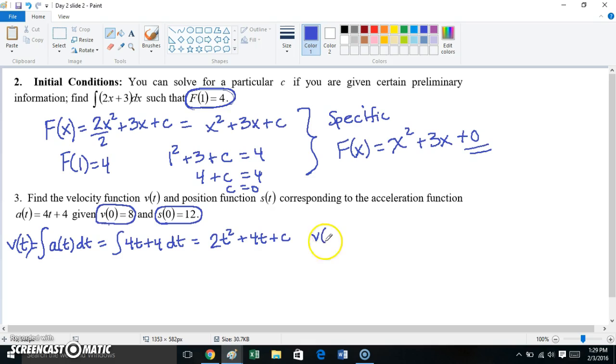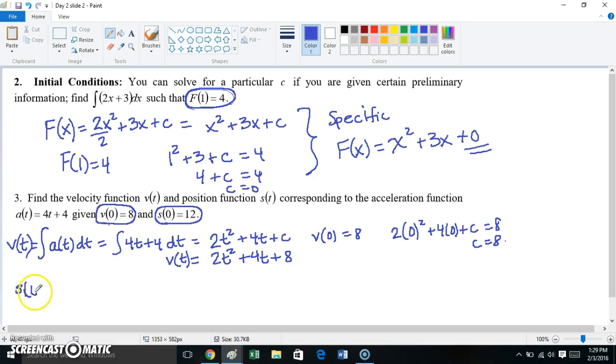Using the initial condition that v of 0 is 8, we can see that 2 times 0 squared plus 4 times 0 plus c must be 8, therefore c is 8. So the specific velocity function is 2t squared plus 4t plus 8.